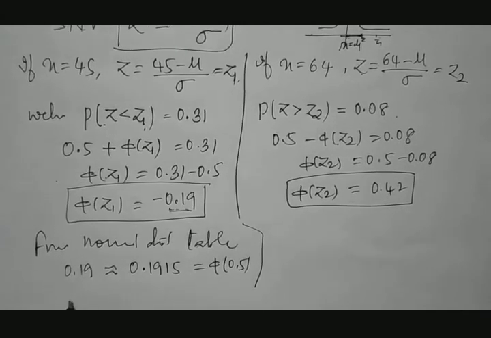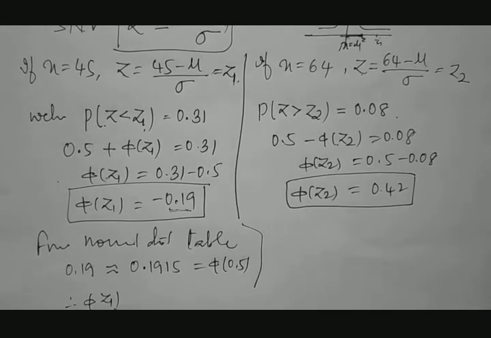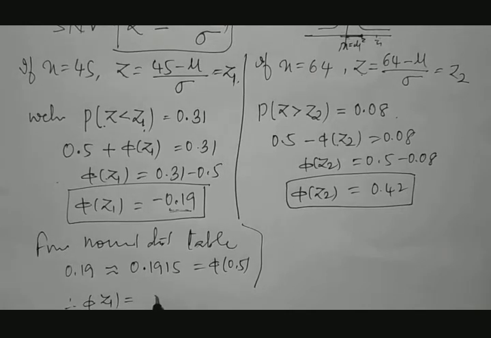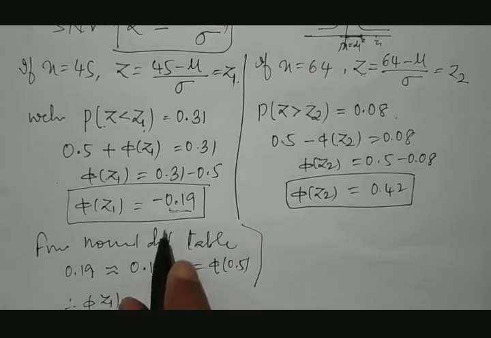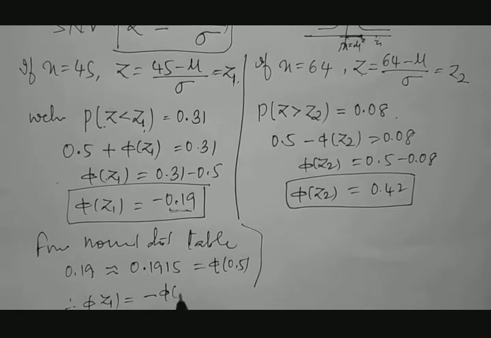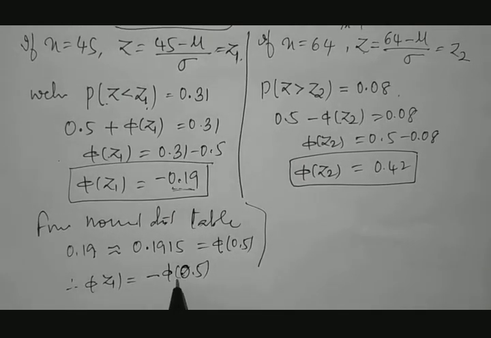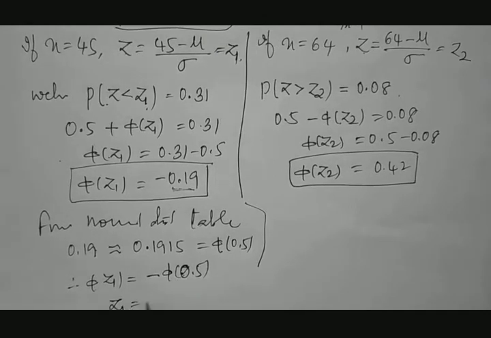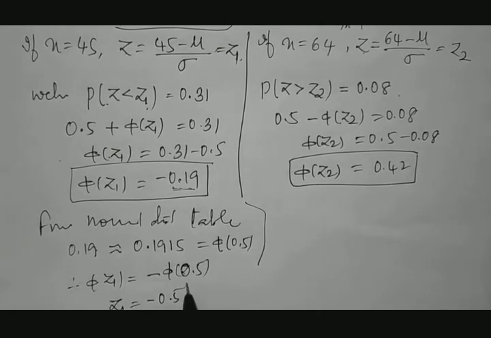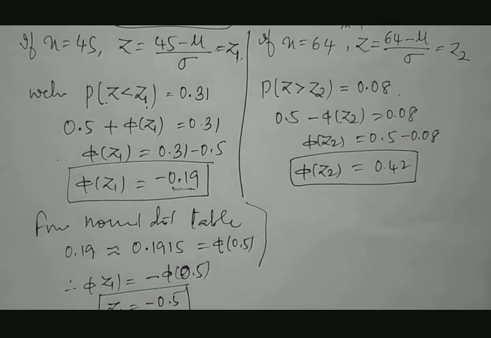Okay. Therefore, pi of z1 is equal to, this is for positive, but I want it for negative, so minus pi of 0.5. Fine. Therefore, on both sides pi is gone. So z1 is equal to minus 0.5. So the value of z1 is minus 0.5.